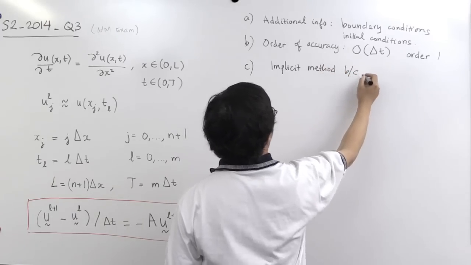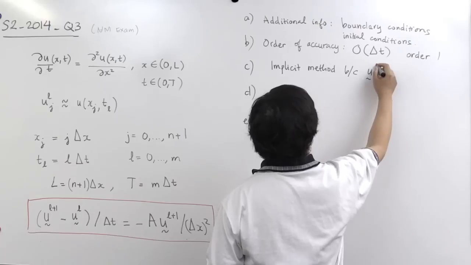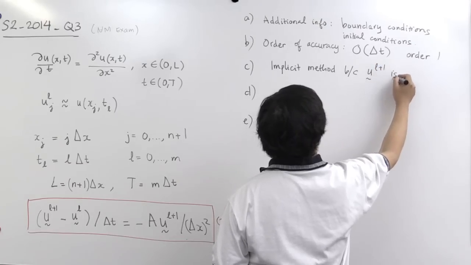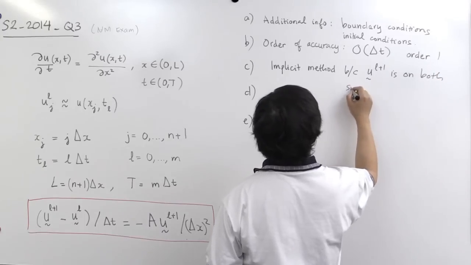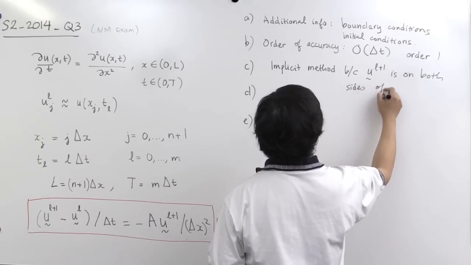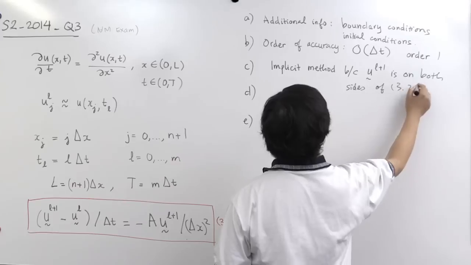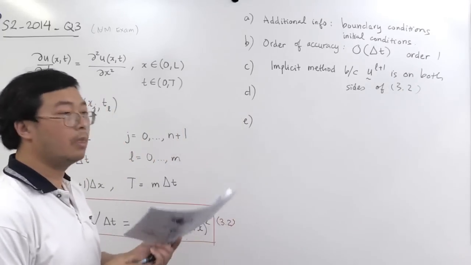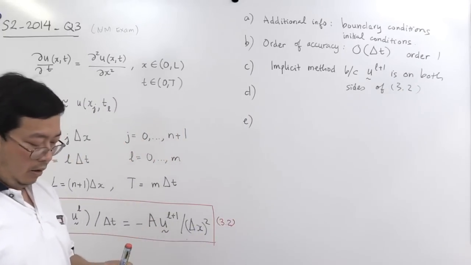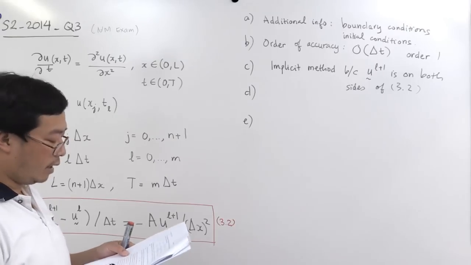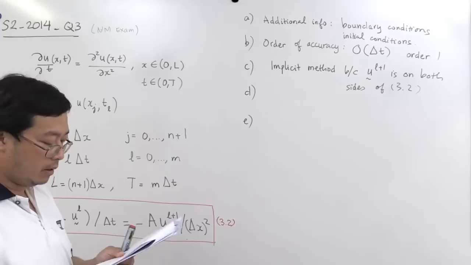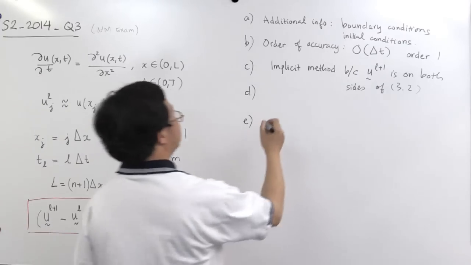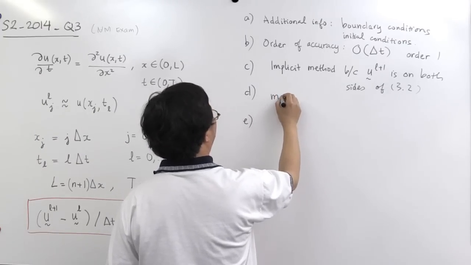Because U^(L+1) is on both sides of 3.2. Okay. And then what is the advantage of implicit method compared to explicit method? So the advantage is it's more stable.